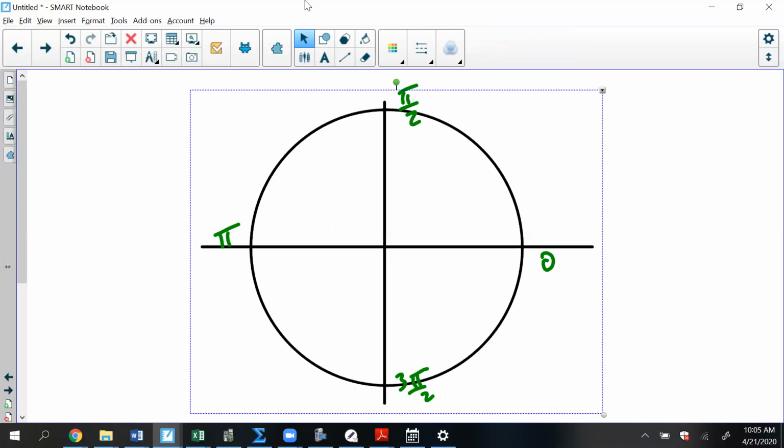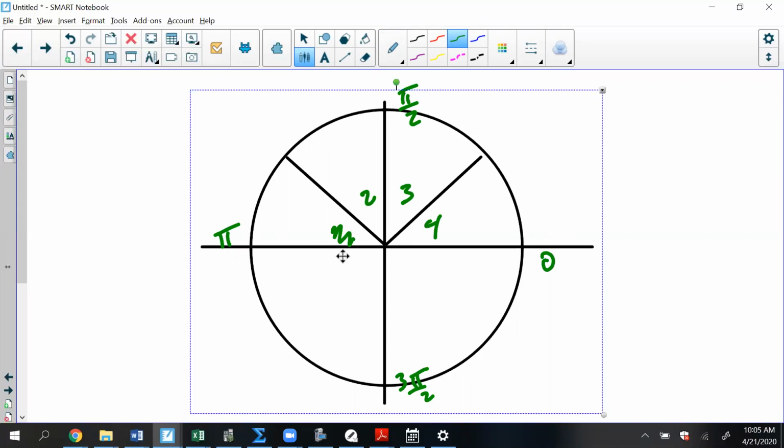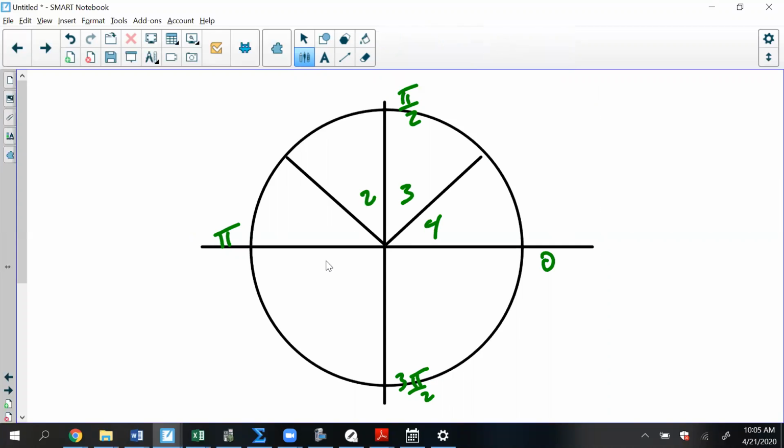If I split this top half, and usually for me, I look at the top half as just pi, and I'm splitting it up into a number of pieces. So if I split this little section in half and this little section in half, I've created 4 individual pieces. So here's 1, 2, 3, 4 pieces.